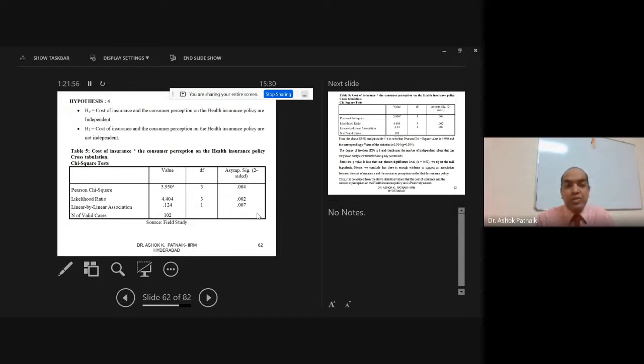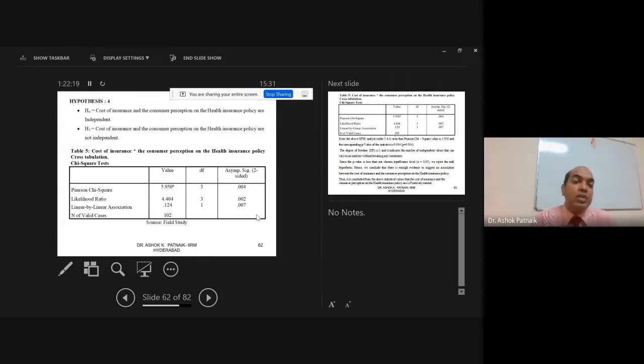Here I have used this software and got a chi-square table for one of my studies. This study was related to the distribution of healthcare product, health insurance product during the COVID period. This was a study which I published in a book also.